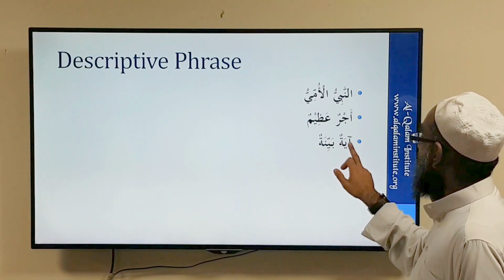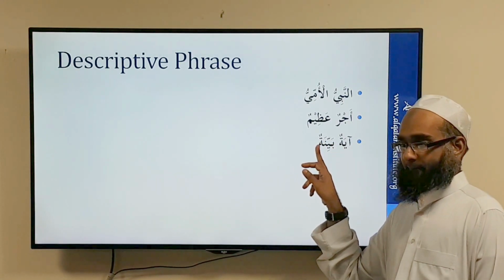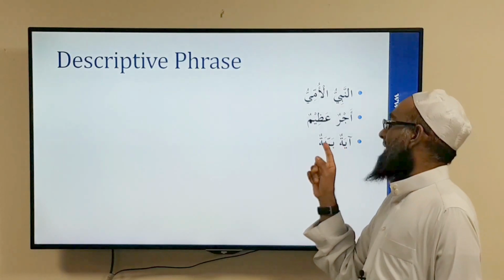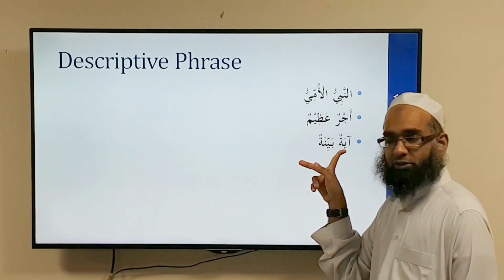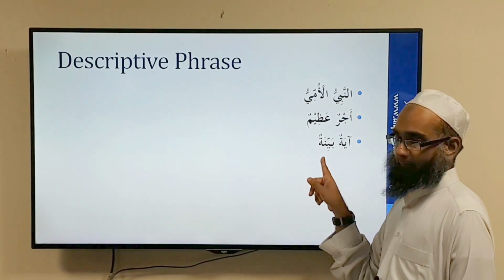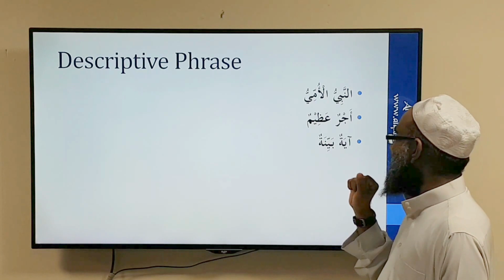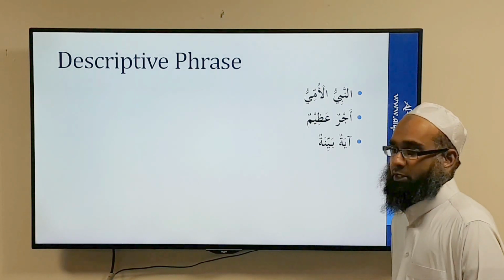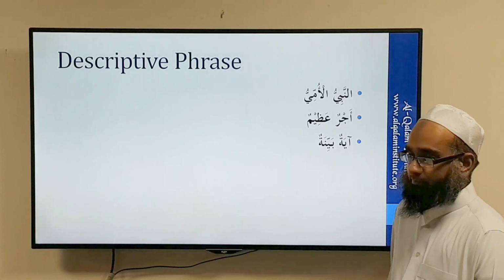Next one. Ayatun bayyinatun. So a clarifying sign. Bayyina means clear, and ayah means sign. It can also mean verse. So what does this mean here? A clear verse. Okay, tell me why you translate that. Where is there no 'is' in a sentence in your translation? They're both nakira.